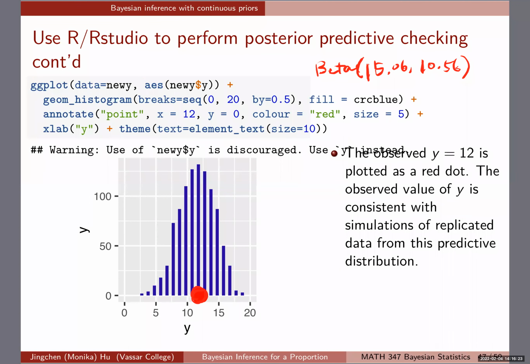If we're doing prediction using this posterior distribution, we get a nicely looking result, close to the true Y compared to the simulated Ys. So overall, I think this suggests that the model fit, meaning that we're using a beta prior and combining it with the data to do the inference, seems reasonable to use.